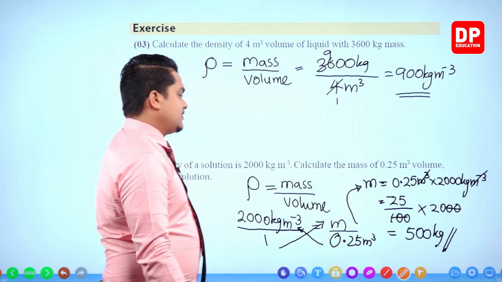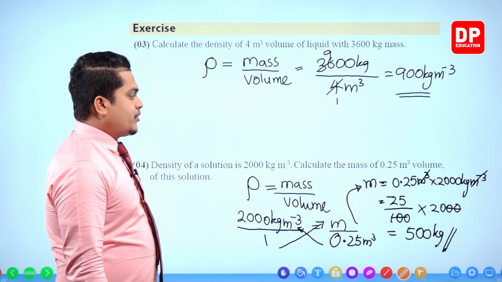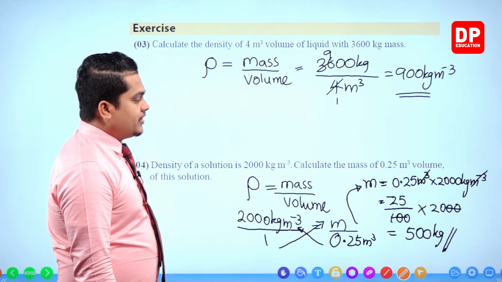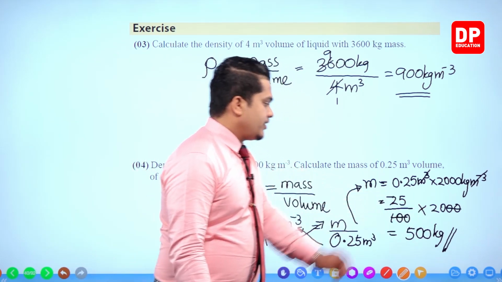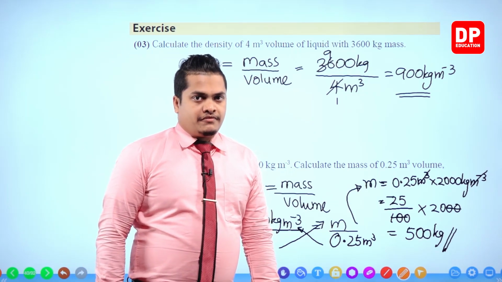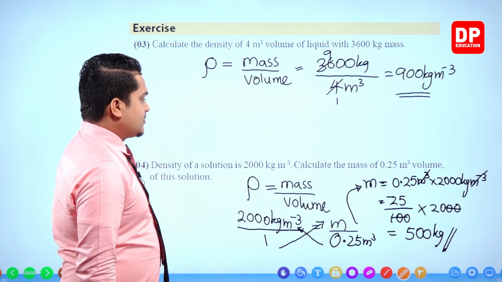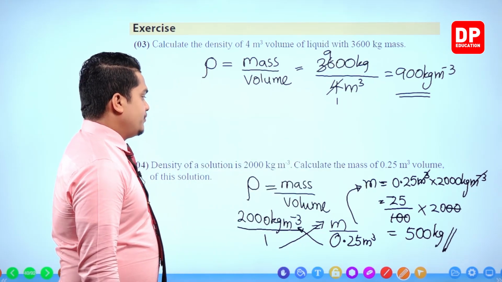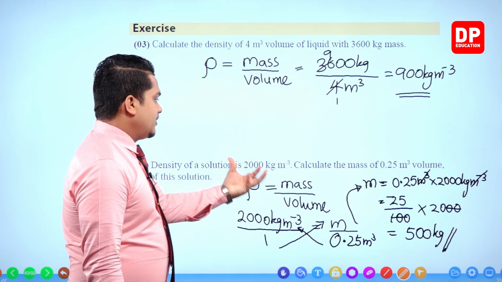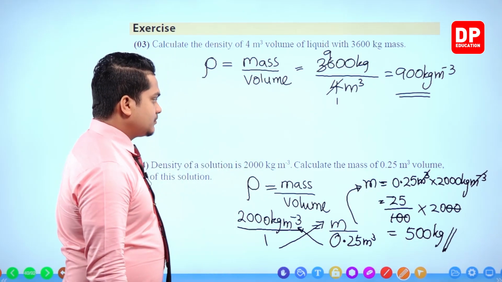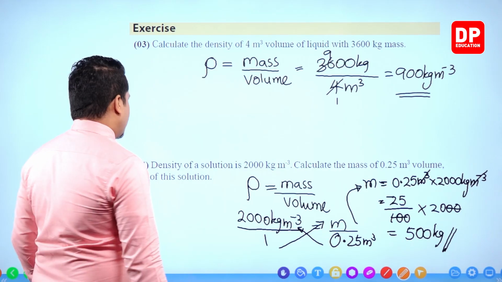This is our answer, right? 25 times 2 is equal to 50. Then you put the 0 which has ignored to here. So our answer would be 500 kilograms. This is the mass of 0.25 cubic meters of volume that has a density of 2000 kilograms per cubic meter. Right then, the next one.